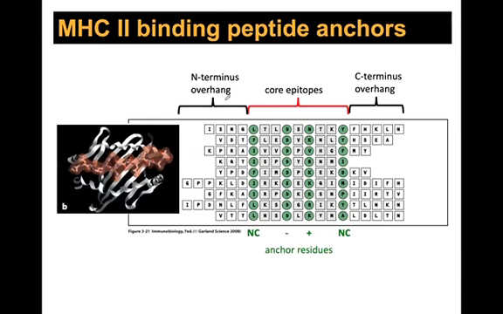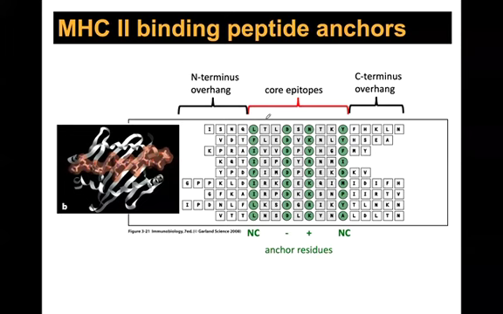And so if you look at how these epitopes stack up, in this case, these are epitopes from different pathogens, you can see that there is a core motif, and then there's flanking or overhang peptides that stretch out from the ends of the MHC protein that can be quite different, and they don't contribute in general to recognition.